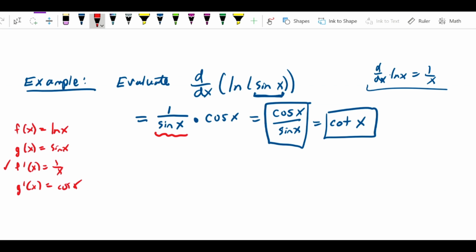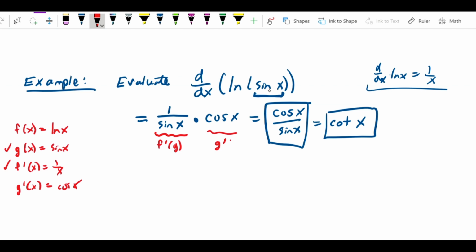Take a look at what f prime is, take a look at what g is, and convince yourself that f prime of g is this, and then this is g prime. So the point is that at some point you stop writing out what the f and g are, and you just get used to the idea of working from the outside in to find the derivatives of these functions, just like I did.